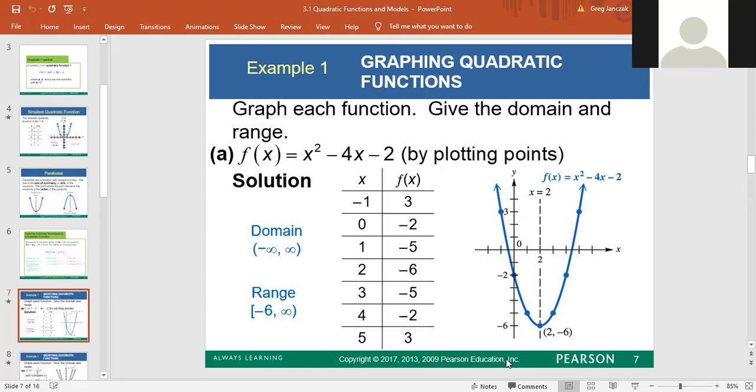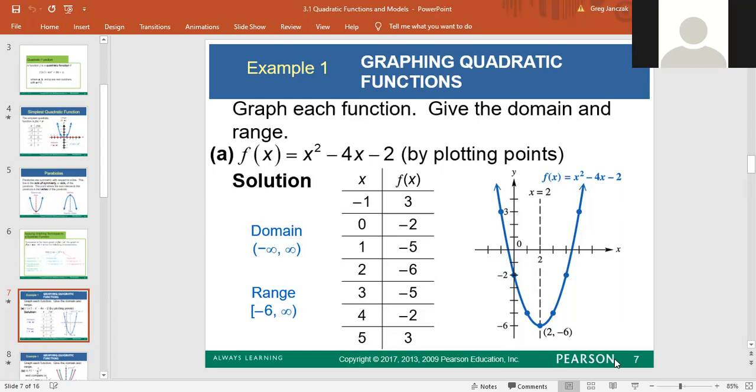The range, however, is determined by the k component, or the y part of the vertex. So notice the range starts at the same number as the k part of the vertex, the y coordinate.